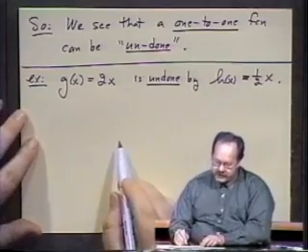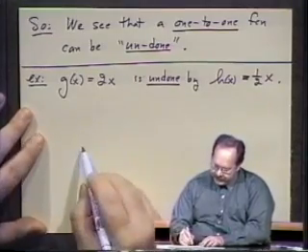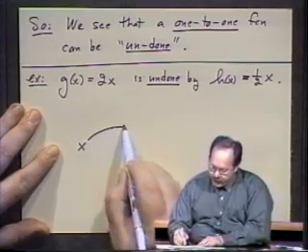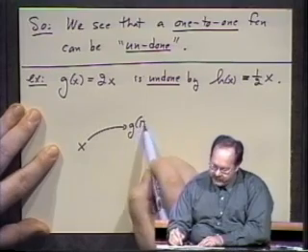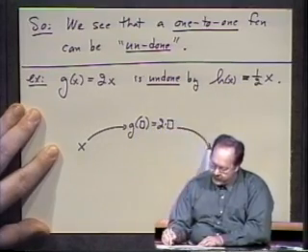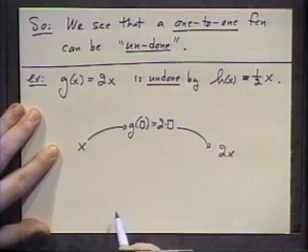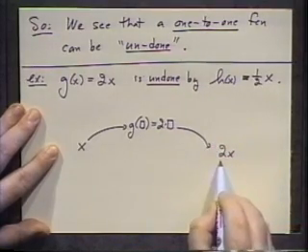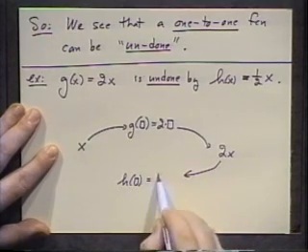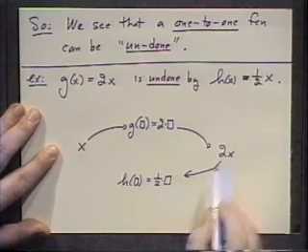So the kind of picture you might have here, if I'm allowed to draw a little picture, imagine we start with x. We apply g to it, so g of box is 2 times box. We end up with 2x at the end. And then if we continue the process, we take 2x and apply h of box, which is 1/2 of box, to 2x.